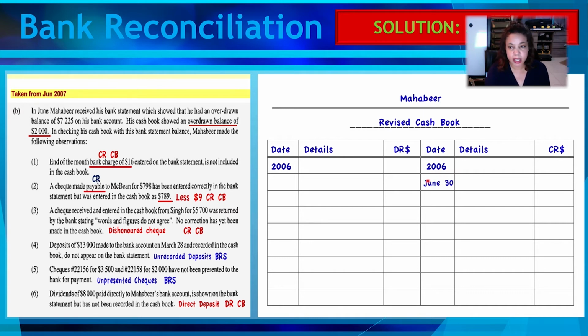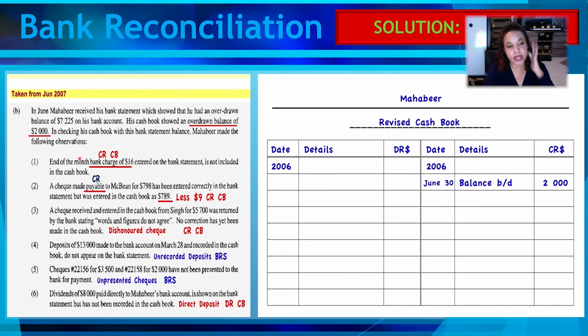So the June 30th balance brought down 2,000. I think they gave us the balance and the dates at the bottom of your question, so I don't have it up here, but when we go back and look, you will find it down there. All righty then. So June 30th, balance brought down 2,000 on the credit side because it's an overdraft.